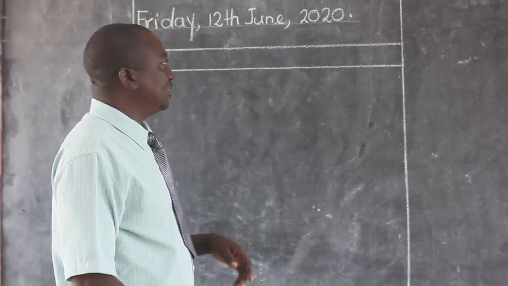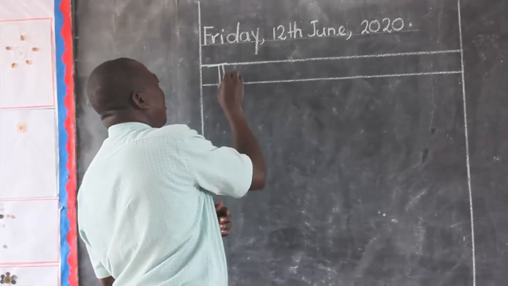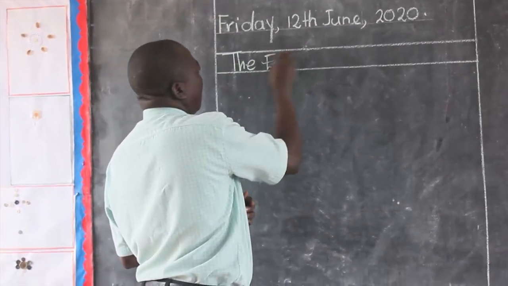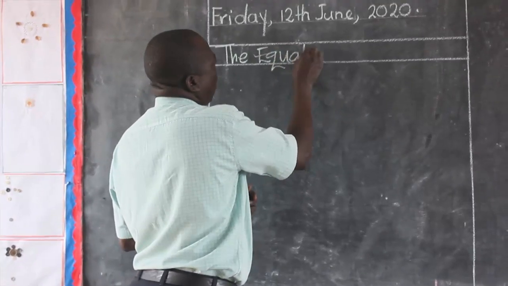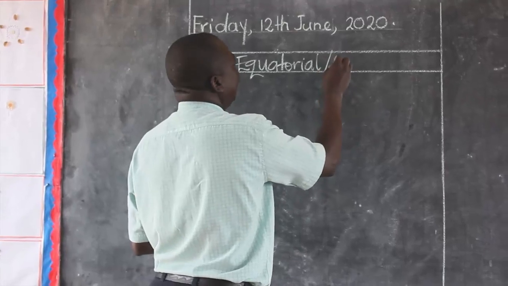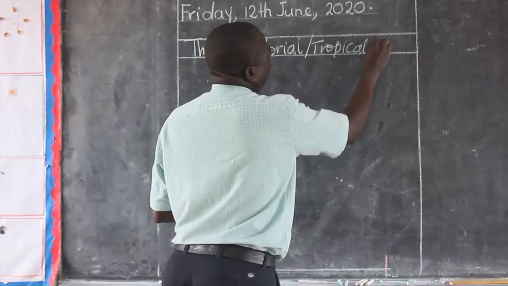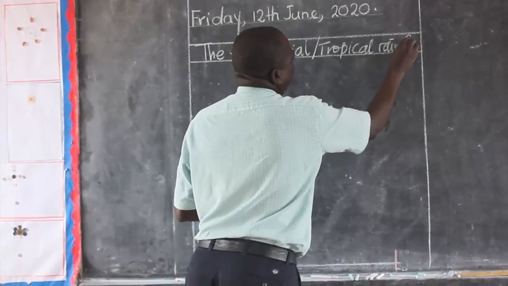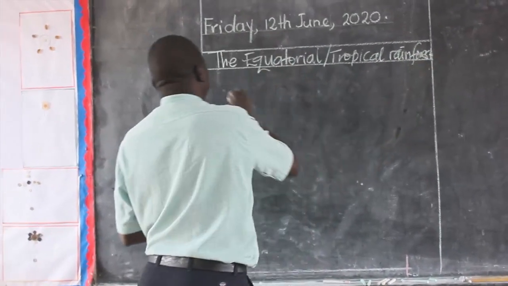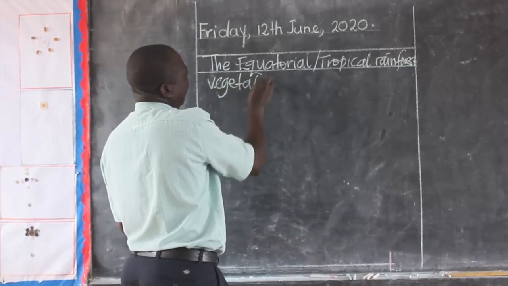We shall look at today what we term as the equatorial, or sometimes we term it as the tropical rain forest, as a type of vegetation.